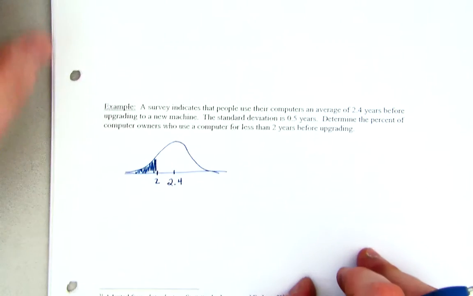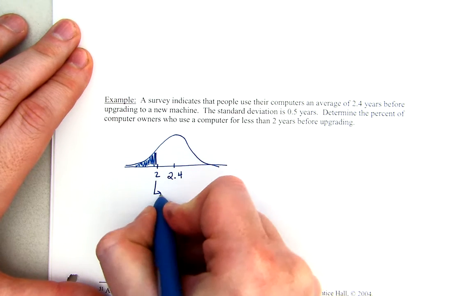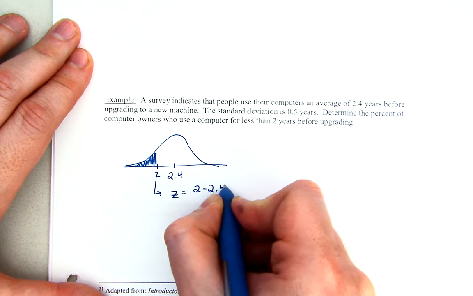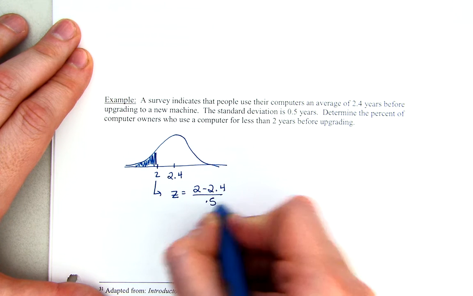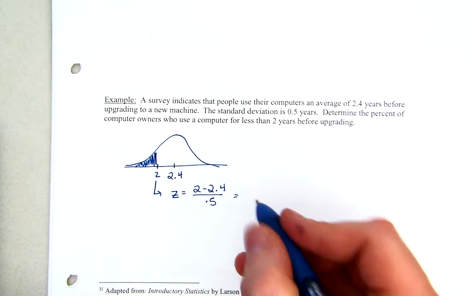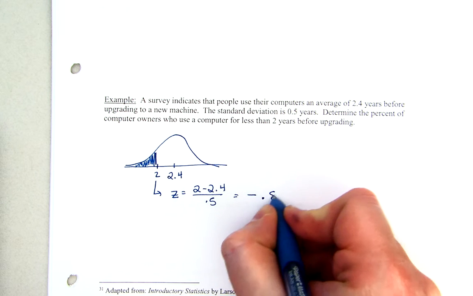So in the problem that I have over here, I'm going to convert 2 into a z-score of 2 minus 2.4 over 0.5. And I just need to find my calculator. Two minus 2.4 divided by 0.5 should give you a z-score of negative 0.8.